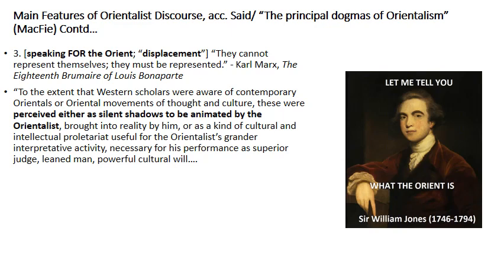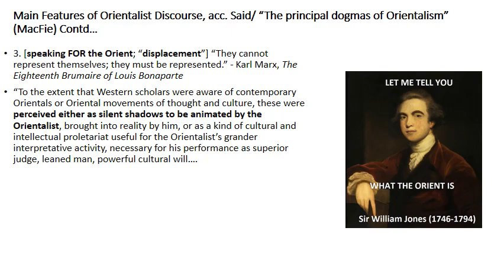Okay. So the Oriental thinkers themselves, for instance religious exegetes and scholars, would be framed as a kind of intellectual proletariat, a lower class, which is superseded by the Orientalists' grander interpretive activities.